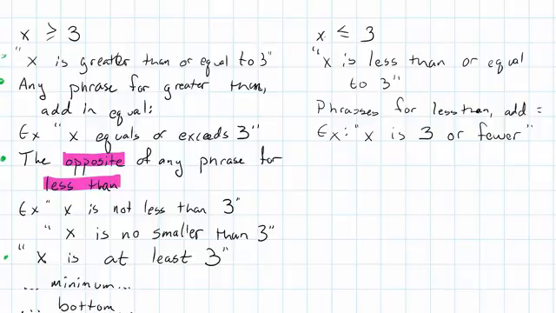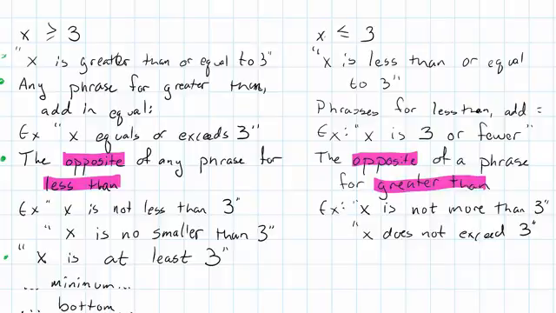And again, we can also take the opposite of a phrase for greater than. For example, x is not more than 3, or x does not exceed 3. The counterpart for at least, we might say x is at most 3. And then in specific applications we might talk about the maximum or the top.